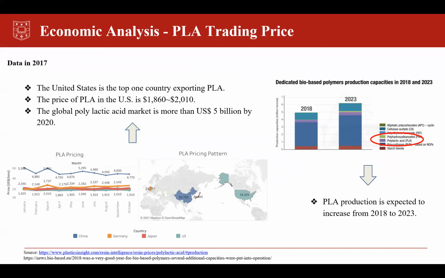We can see from the left side figure that the price of PLA is the lowest in the US in 2017, which ranges from $1,860 to $2,010. By the end of 2020, the global PLA market is more than US$5 billion.